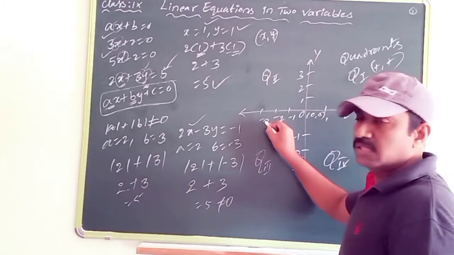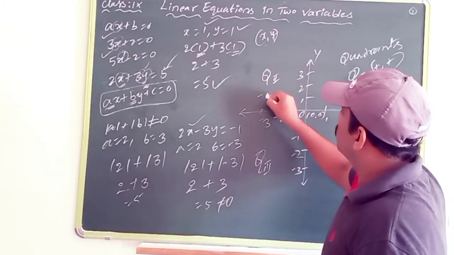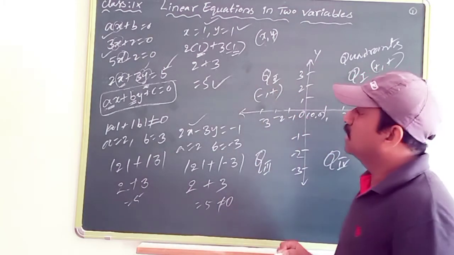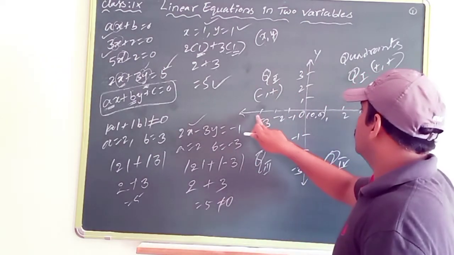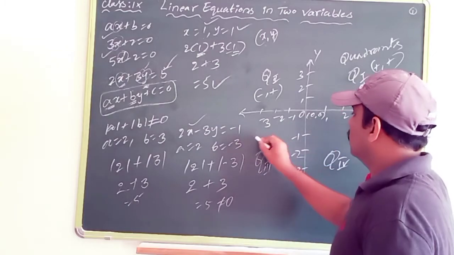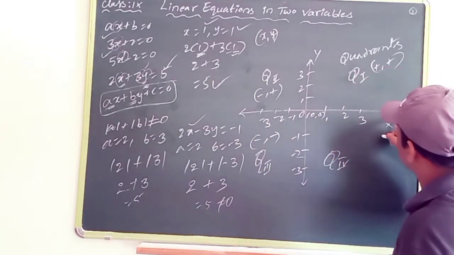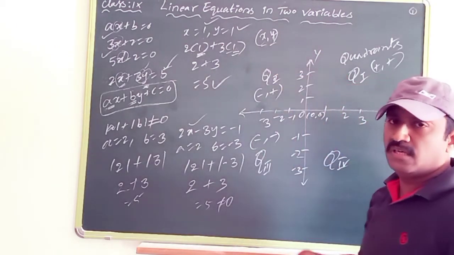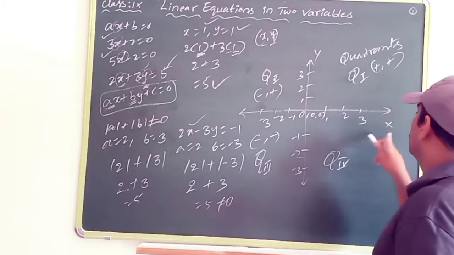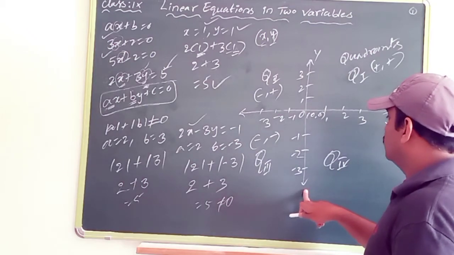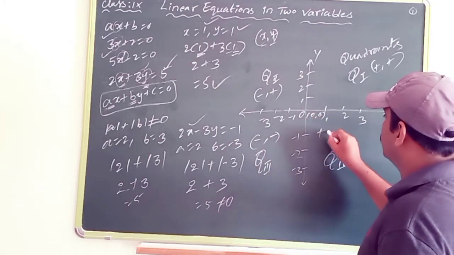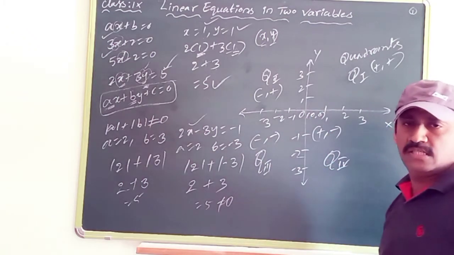So here x is a negative value, y is a positive value. So minus comma plus is the second quadrant. And here x is negative and y is also negative, so it is minus comma minus. And here the positive x-axis, because first we have to take x and only then the y value, right? So this is the x and this is the y. So positive x and negative y, so plus comma minus. This is the fourth quadrant.